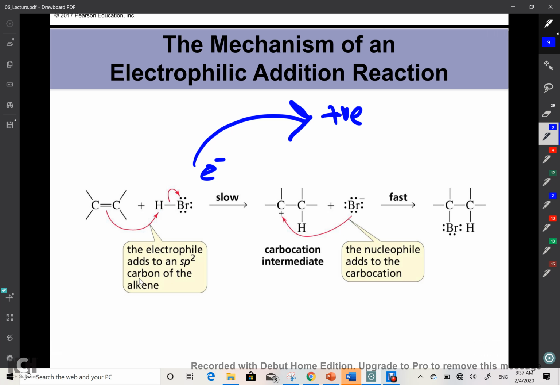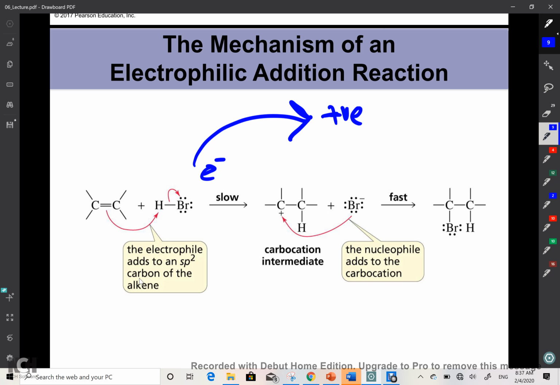That's what you need to keep in mind. The arrow can start from a bond, if the bond is electron rich, or from a lone pair of electrons, if that lone pair is the electron rich center. And then it will end on the positive end of a molecule, which could be a bond or an atom.